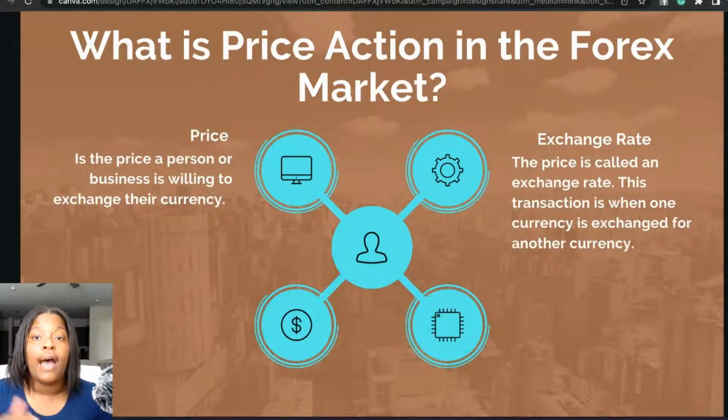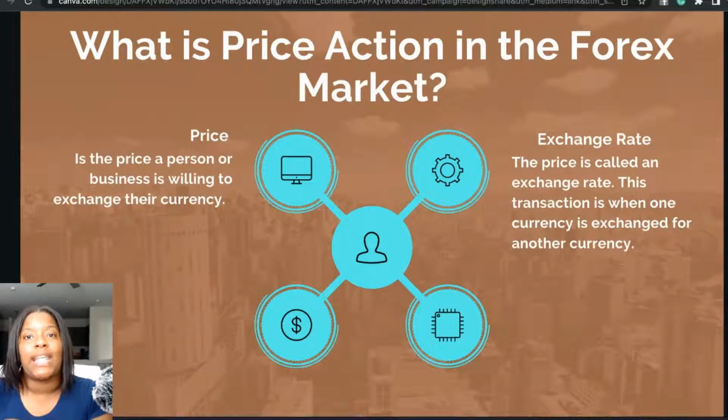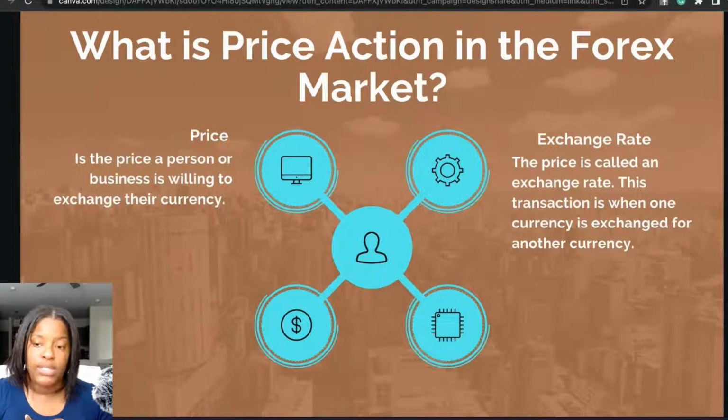If you don't know that, I want y'all to write this down, because we literally trade what banks do, the actions that they take with their consumers and customers. An exchange rate is basically a transaction. When I worked overseas, I worked in a bank in Germany called Community Bank. It was on an American installation because I am a military wife.